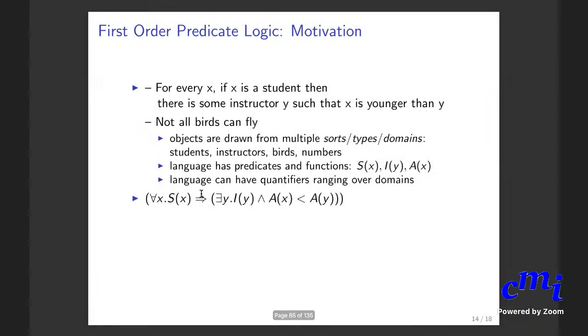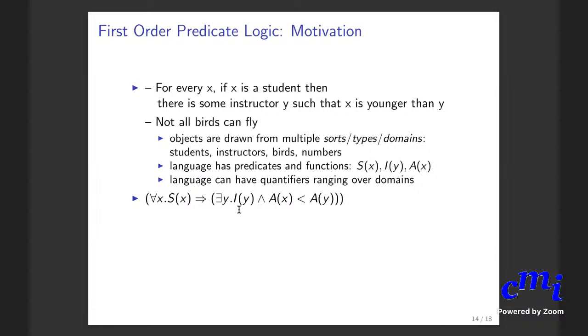So, the first statement can be encoded using this formula: for every X, where my universal domain is maybe people, if S of X, that is, he or she is a student, then there exists a person who is an instructor such that the age of the instructor is greater than the age of the student. So you could state things like this.